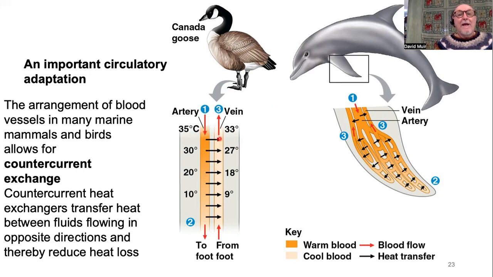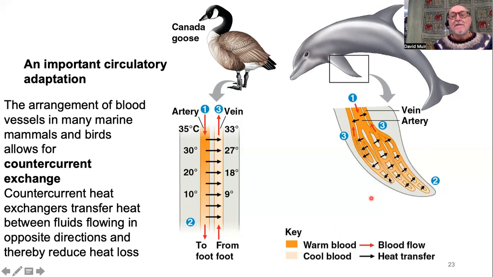Okay, this blood here is cooler, and it is warmed by the blood flowing in this. This is the typical countercurrent system. And at its simplest, all it is is you run the two vessels, the afferent and the efferent vessel, right up against one another. And in some systems, they form a complex net.